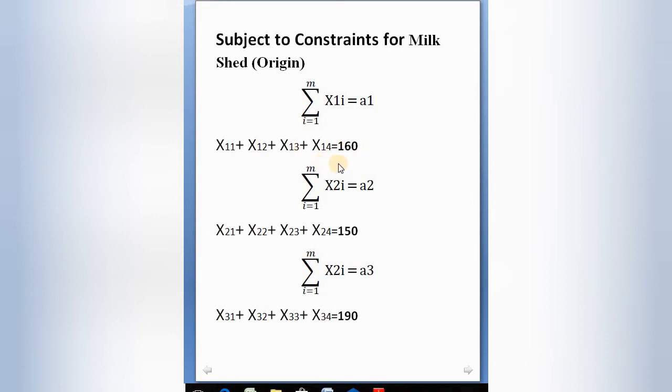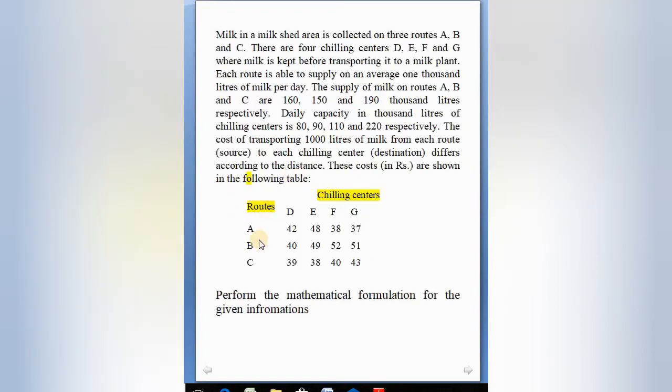So this is the first subject to constraint, and let us look into the second subject to constraint in routes.